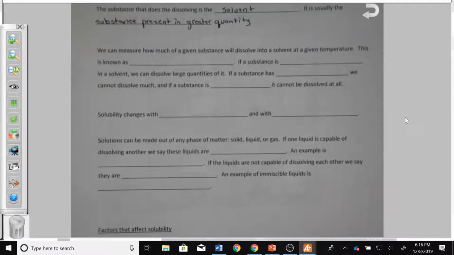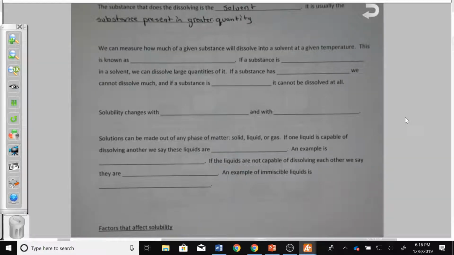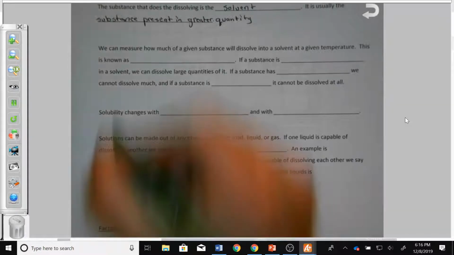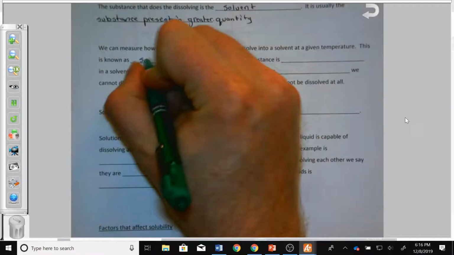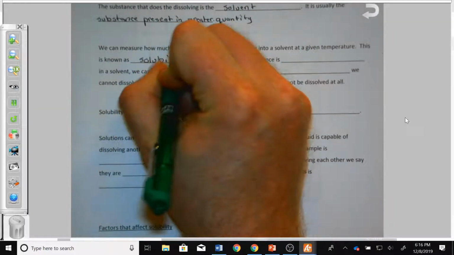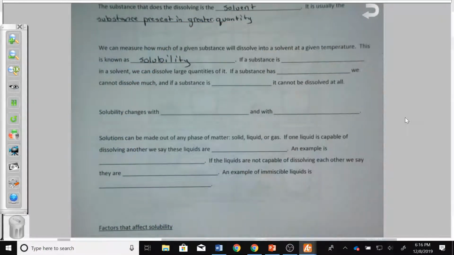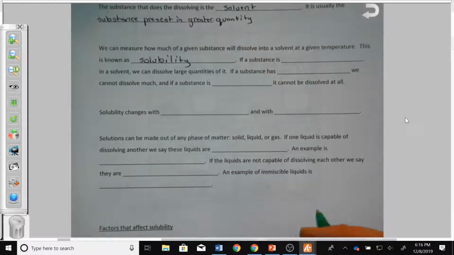And we can measure the amount that a given substance will dissolve into a solvent at a given temperature. That measurement is known as solubility. We kind of explored this a little bit in our chapter where we're talking about double displacement reactions.